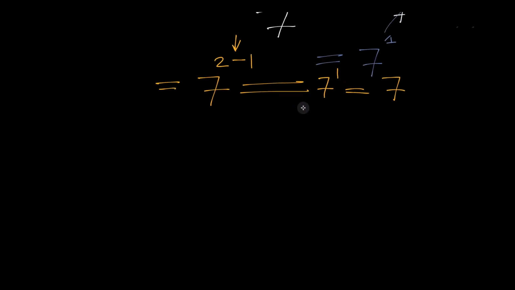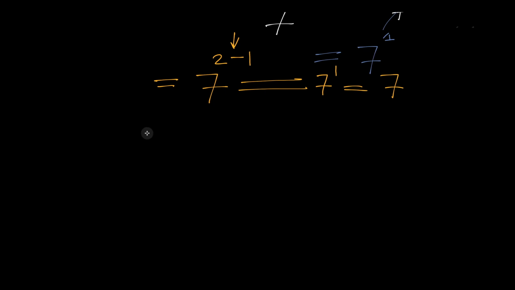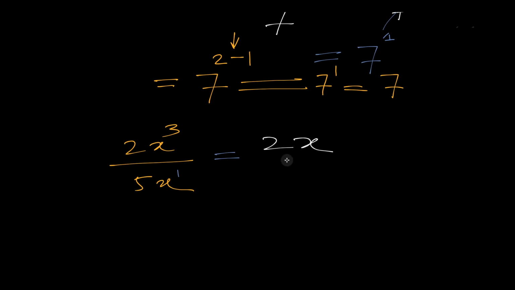Now we'll take one real use case example, for example 2x cube divided by 5x. Now what is the power of x here? It has 1. So we can write this as 2 x cube divided by 5 x to the power 1.